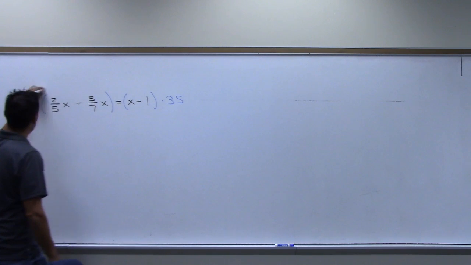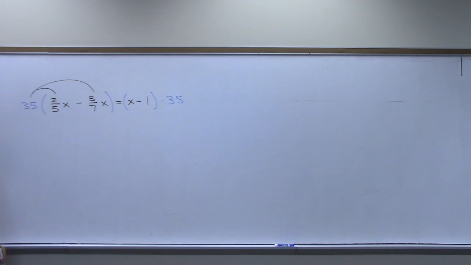When you multiply the 35 through here, you can do this several ways. 35 times 2/5. You could figure out how many times 5 goes into 35, which would be what? 7. And then you still have a 2 up there, right? So it'd be 7 times 2, which is 14.